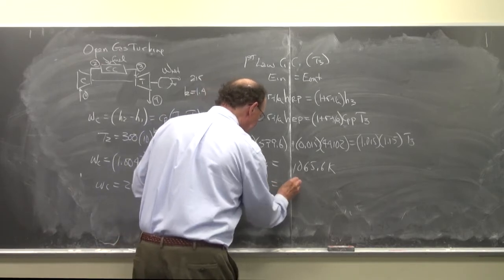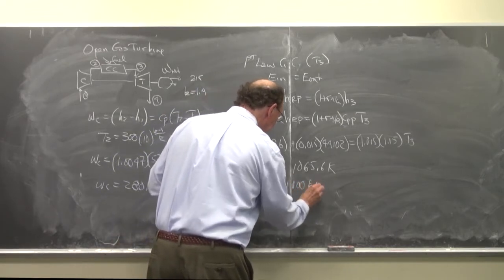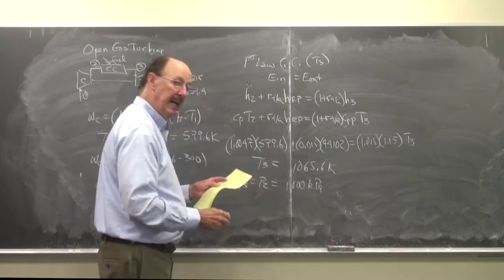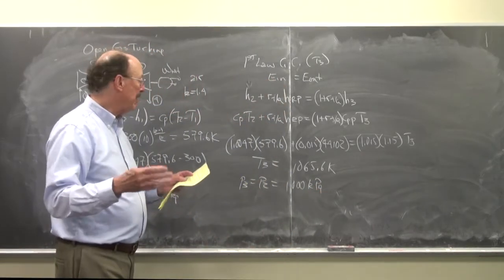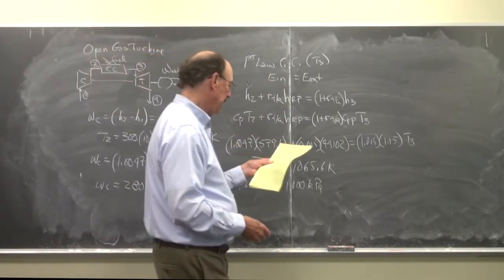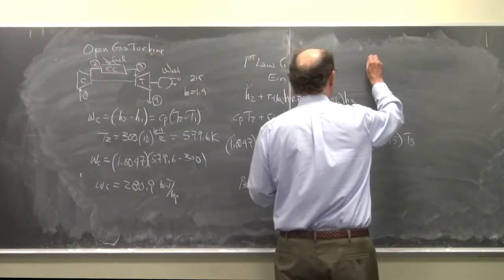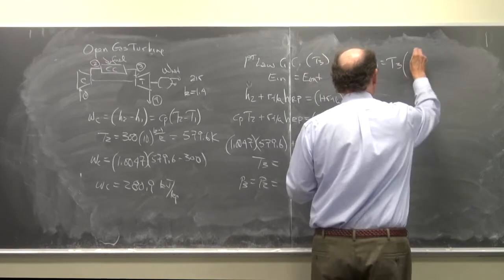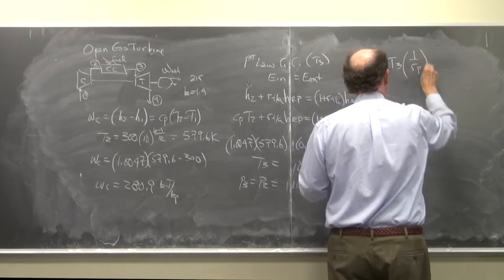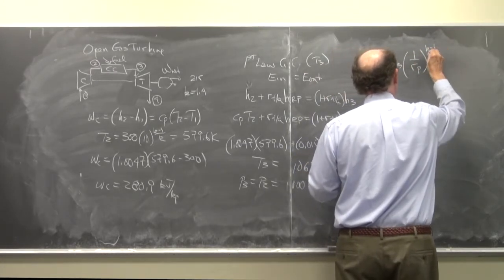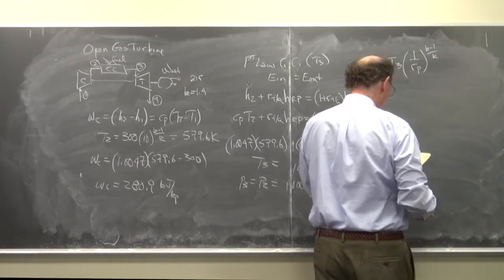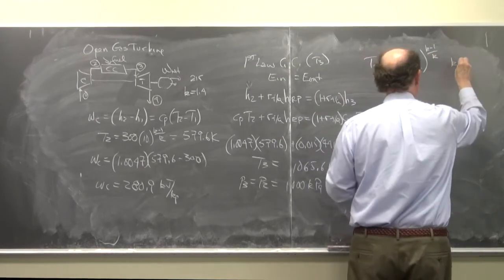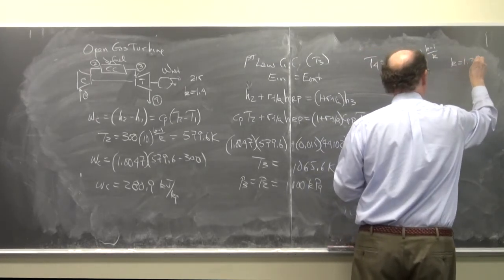Is equal to 1,000 kPa. And then I can find T4 with the reversible adiabatic isentropic relation. T4 is equal to T3 times 1 over R sub P to the K minus 1 over K, and K is equal to 1.33.